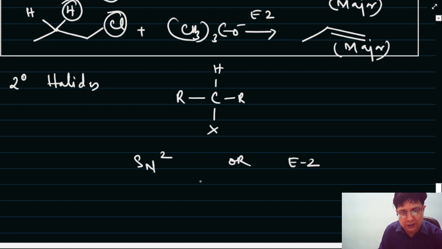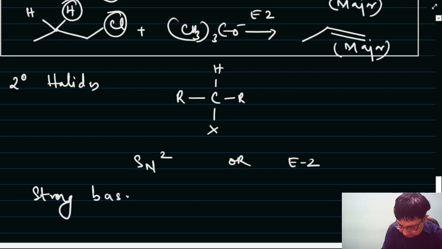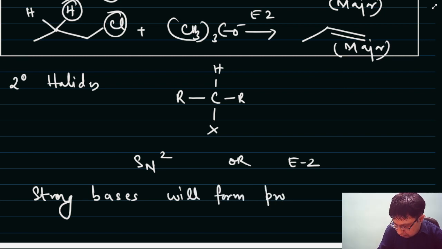So 2 degree halides we have taken, and a very simple point over here is strong bases will form the product by E2 mechanism. कौन से mechanism से product form करेंगे?